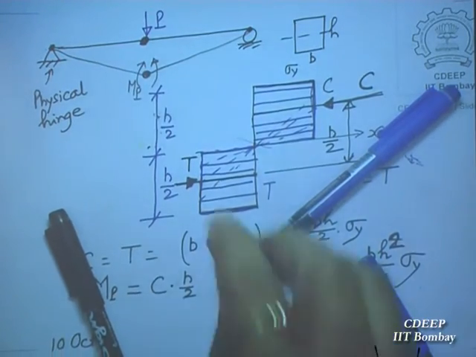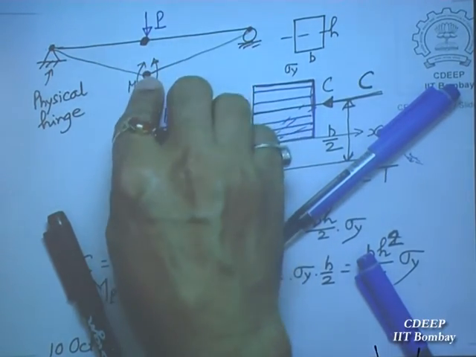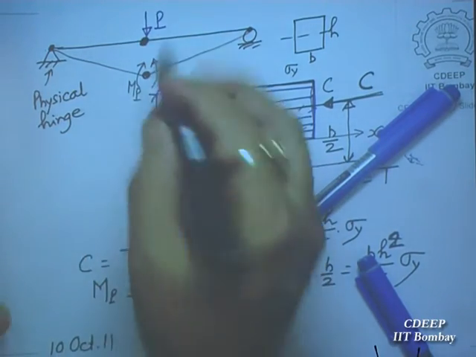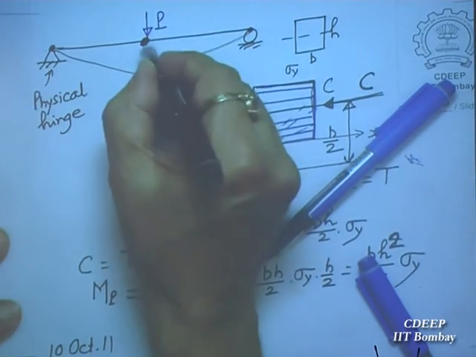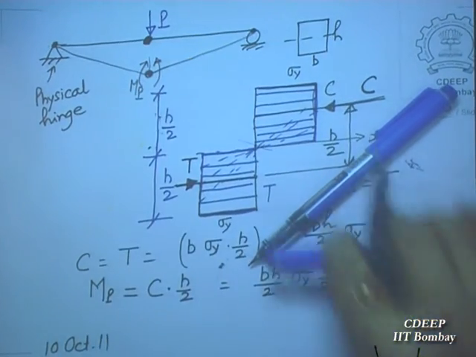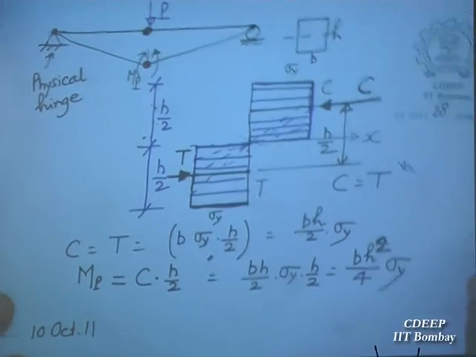So we will say that when it becomes MP, this is the ultimate load PU. So at this stage, this P will change to PU. So how to relate this? Because now you have got MP also, so how to relate?